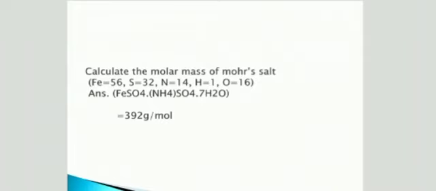Some values are given here, the atomic weights of the elements: Fe is equal to 56, sulfur is equal to 32, nitrogen is equal to 14, hydrogen is equal to 1, oxygen is equal to 16. This is the formula of Mohr's salt, also called FAS, ferrous ammonium sulfate. The molecular mass of Mohr's salt is equal to 392 gram per mole.